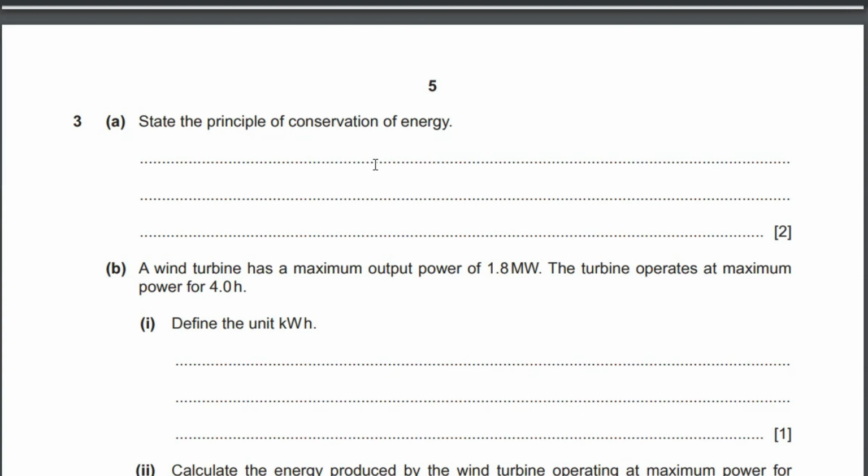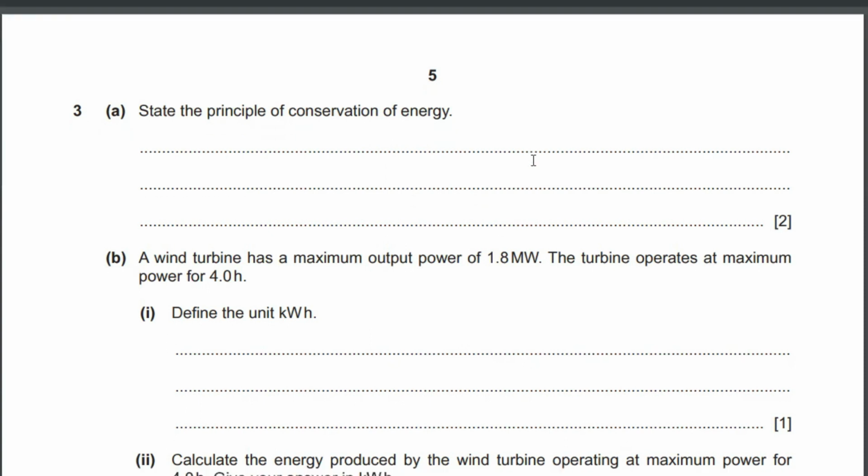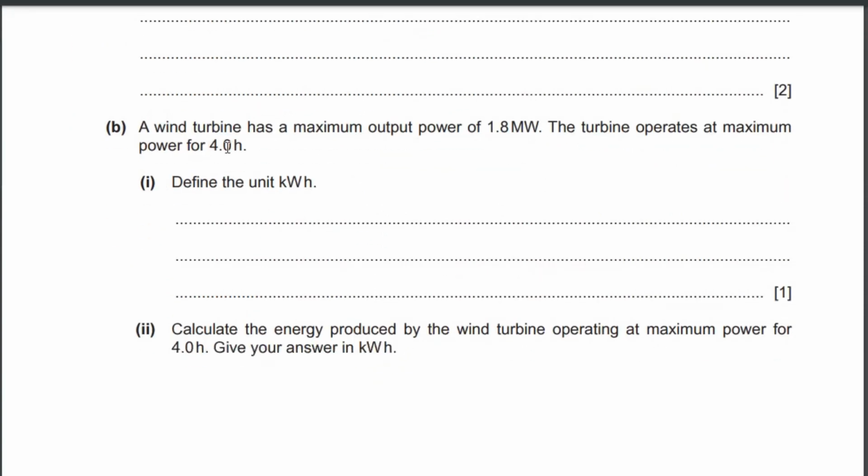Now the next question is, a wind turbine has a maximum output power of 1.8 megawatts. The turbine operates at maximum power for 4 hours. Define the unit kilowatt hour. So the formula for power is energy per unit time.